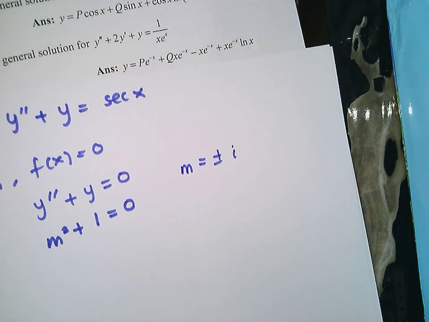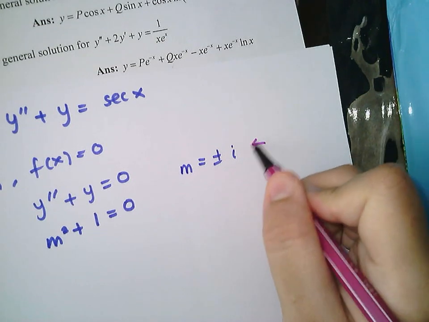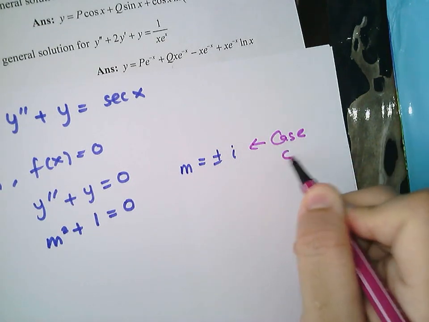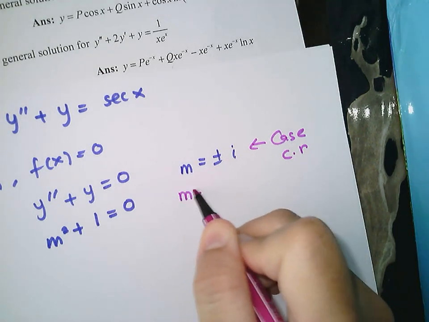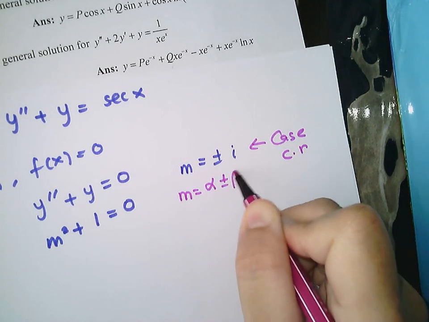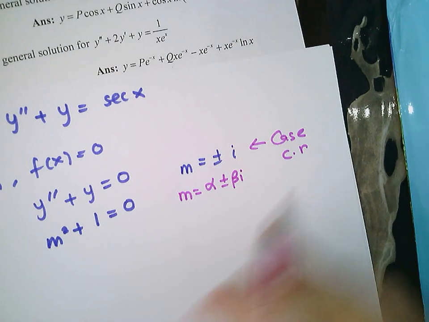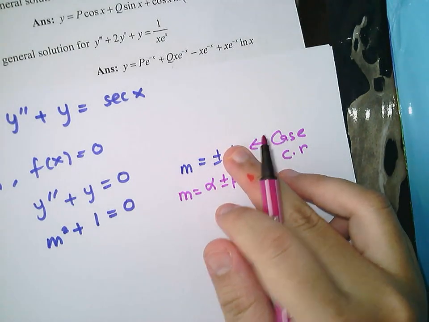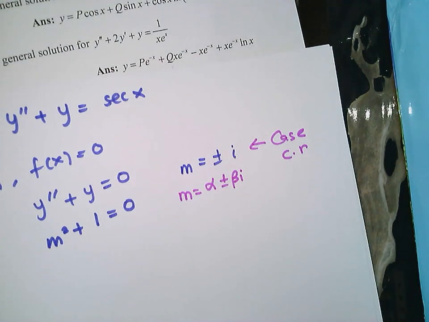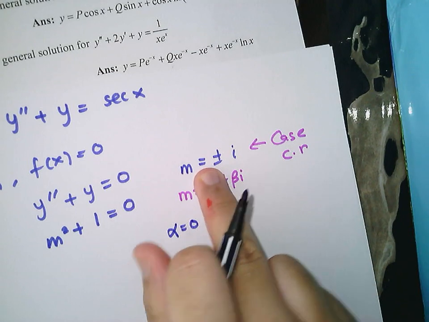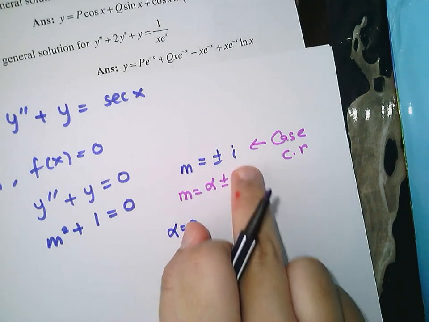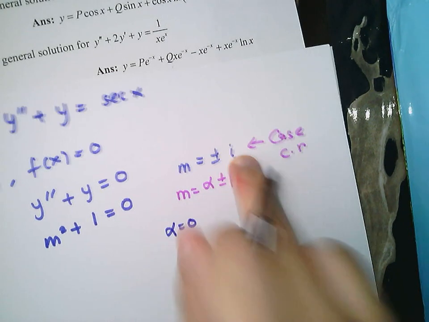Generally this is case 3, which is complex root, where the general is m is equals to alpha plus minus beta i. By comparing with the value of m that you get, you know that your alpha is equals to 0, because you don't have anything in front here, and your beta is equals to 1, the coefficient of i.